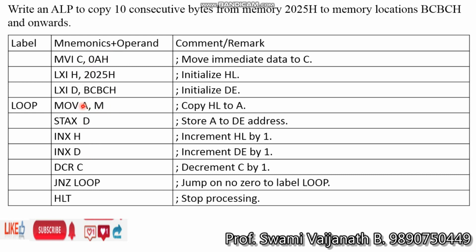Here MOV A, M copies the HL content, the source block 2025 onward, to A, and STAX D copies the content of A to the location addressed by the DE pair. That means here this logic is MOV A, M, STAX D, INX H incremented.